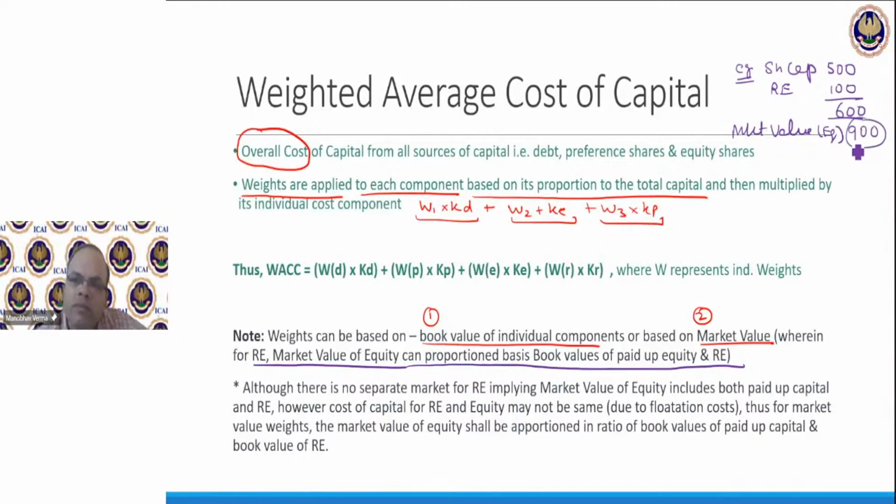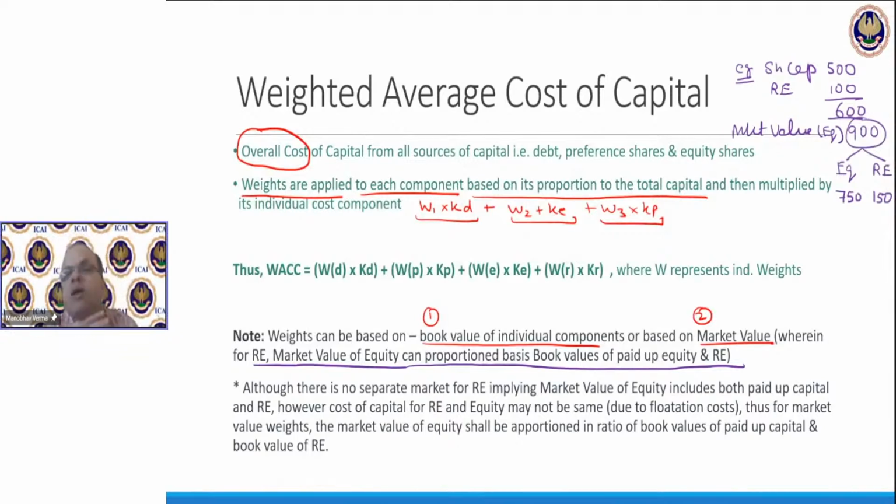Now, this 900 could consist of both share capital and retained earnings, right? So we can use the book value ratio of 5:1. So this consists of 750 equity and 150 retained earnings, if we were to use the market value.